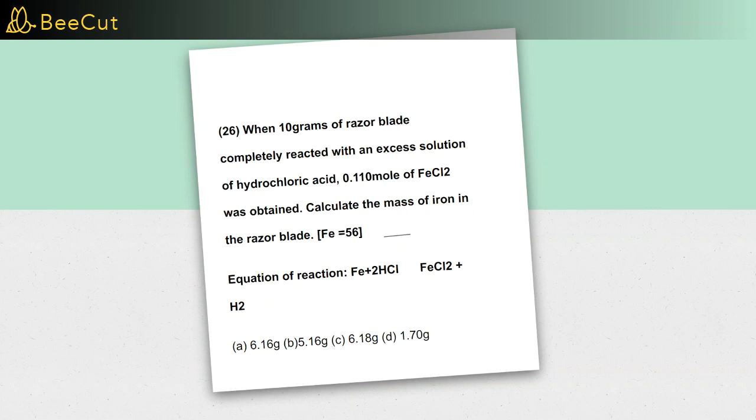From the equation, 1 mole of iron 2 chloride is equivalent to 56 grams of iron, while 0.110 mole of iron 2 chloride is equal to 56 multiplied by 0.110 mole. The final answer is 6.16 gram. Option A is the correct answer.